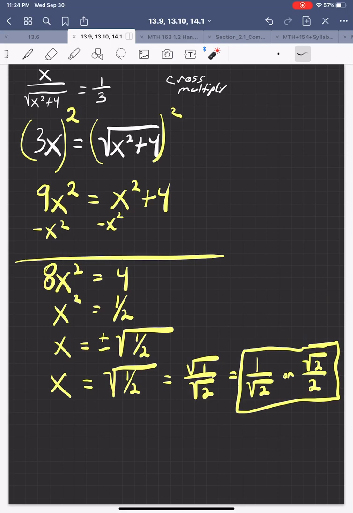I know this is a long problem, so when I get back, I'll take another break because I've been told my videos go too long. When I get back, I'm going to plug the square root of 2 over 2 in for x, and I'm going to solve for y.